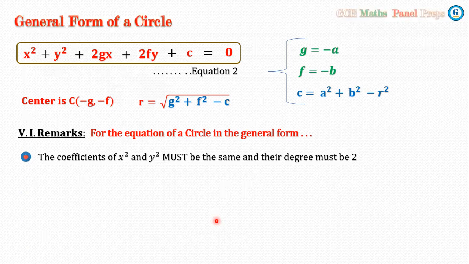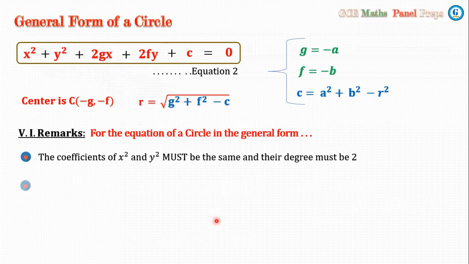So you must have x squared and y squared, and the coefficient of x squared and y squared must be the same. So if x squared has coefficient -2, y squared should have -2. If the coefficient of x squared is -3, the coefficient of y squared must be -3. The coefficients must always be the same. If they are not the same, it is no more an equation of a circle. It might end up being a hyperbola, parabola, or whatever.